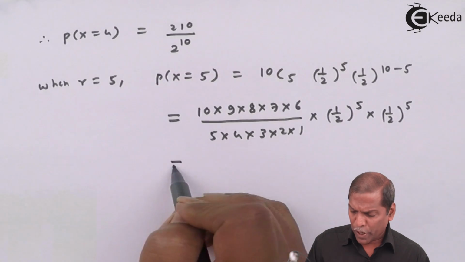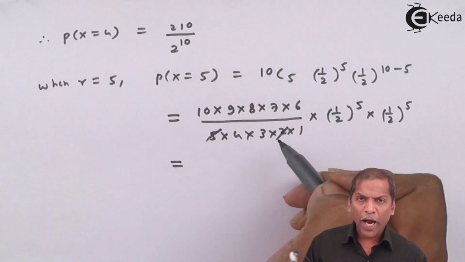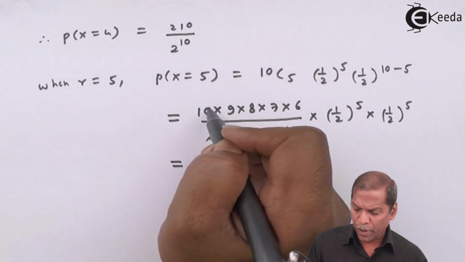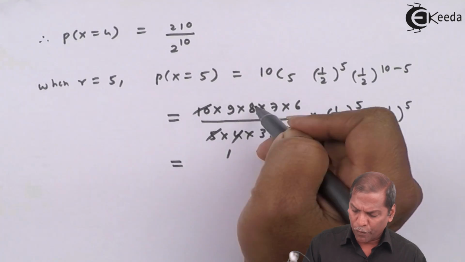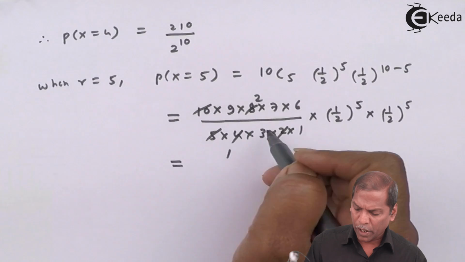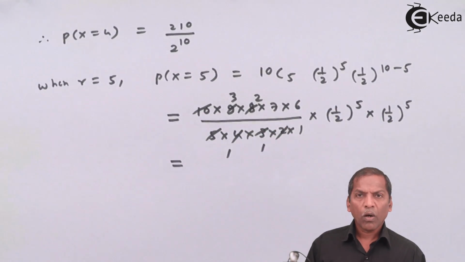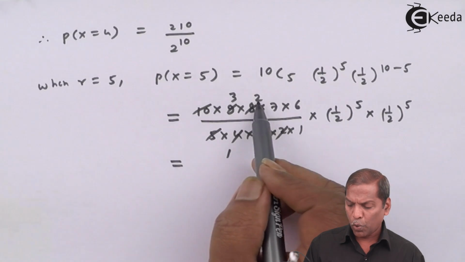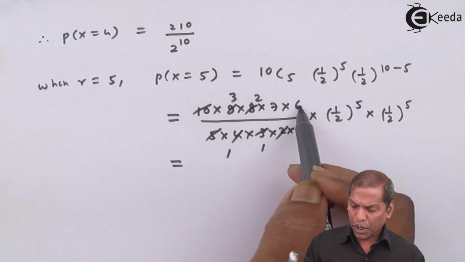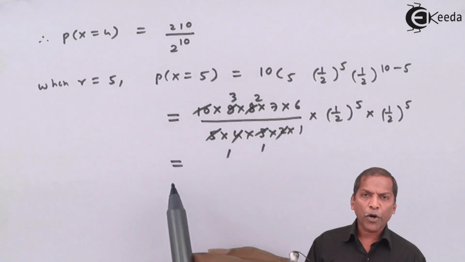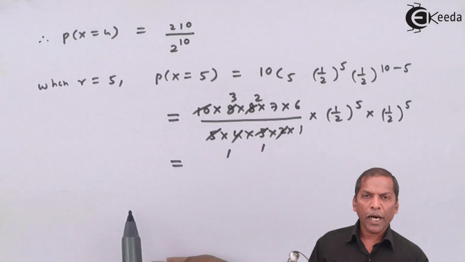Then here we go for cancellation. 5 ones are 5 and 5 twos are totally 10, so we cancel that from the numerator. Then 4 ones are 4, 4 twos are 8, and then 3 ones are 3 and 3 threes are 9. So we are left with 3 into 2 into 7 into 6. Now 6 into 7 gives 42. 42 multiplied by 2 gives 84.